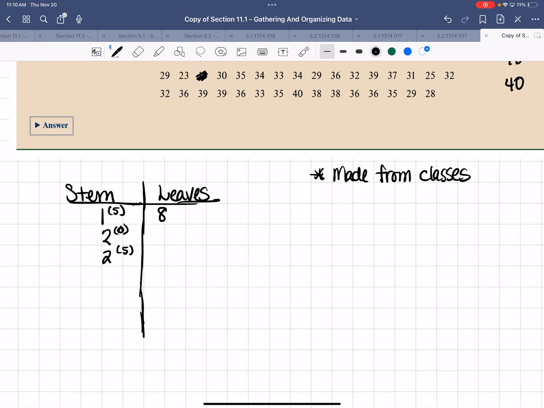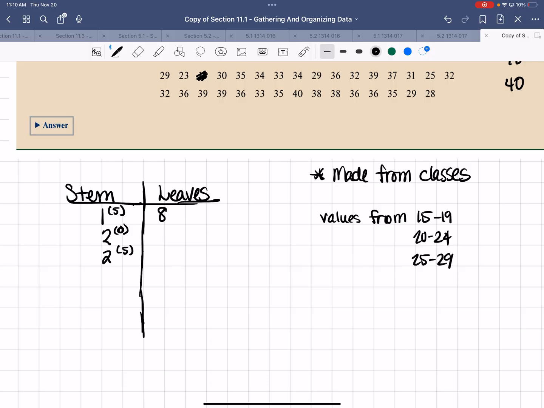What that means is I'm listing all the values from 20 to 24. Okay? So this was values from 15 to 19. This is 20 to 24. This will be 25 to 29.